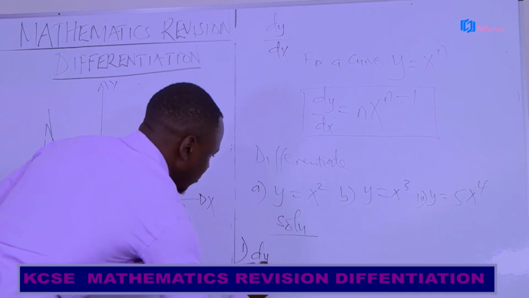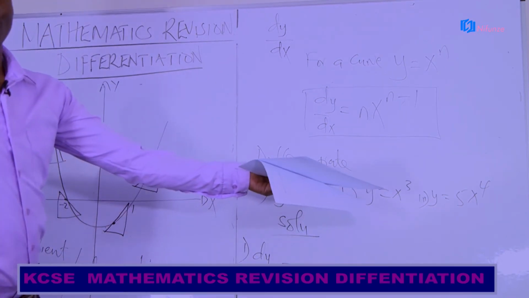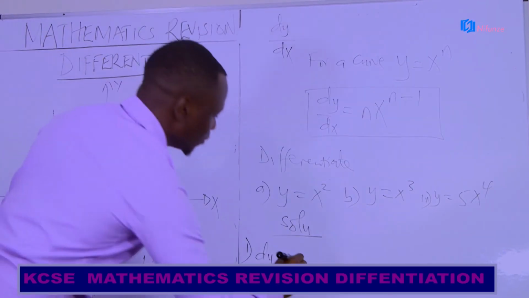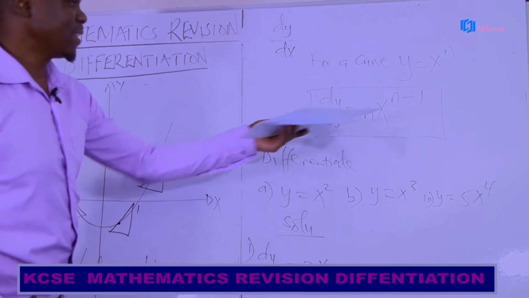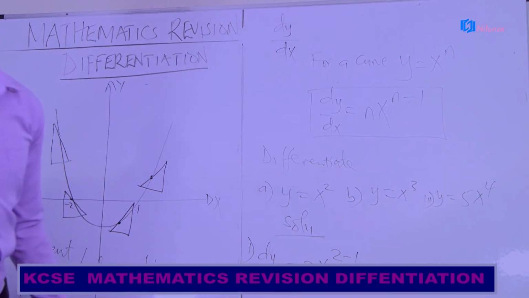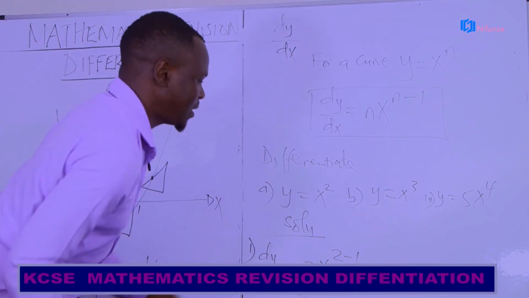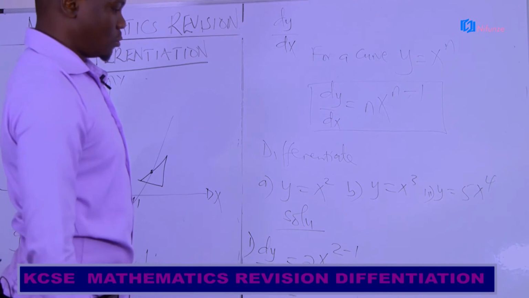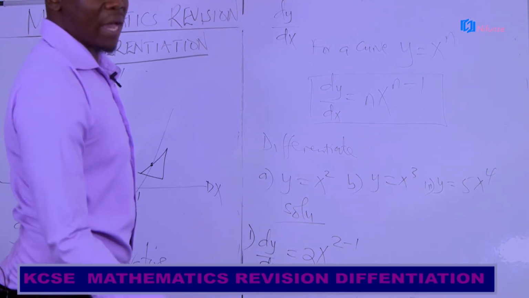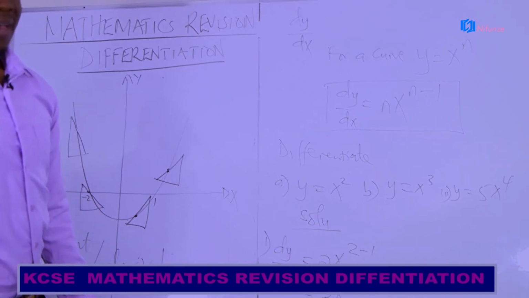So in the first case, dy over dx will be equal to, n is 2, so we'll put 2, and then x will remain, and then we'll have 2 minus 1. 2 minus 1 is 1, so that's 2x raised power 1, which is the same as 2x.